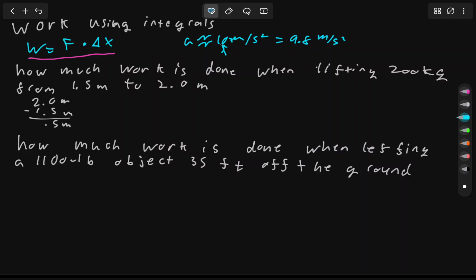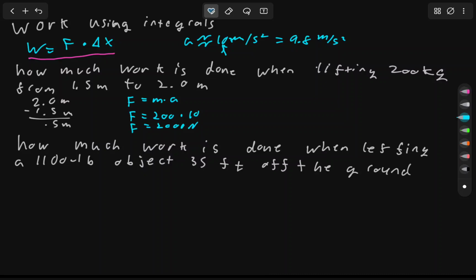So we now have to calculate the force that's required to move this object. Force is mass times acceleration. In this case, force is equal to 200 kilograms times an acceleration of 10 meters per second squared. So we get 2,000 newtons of force.